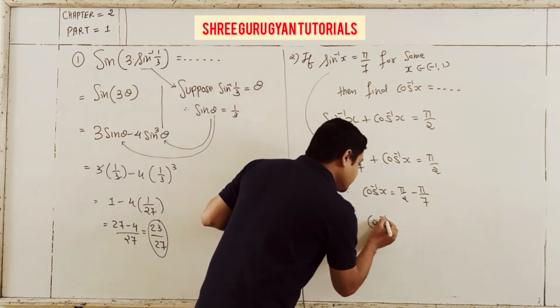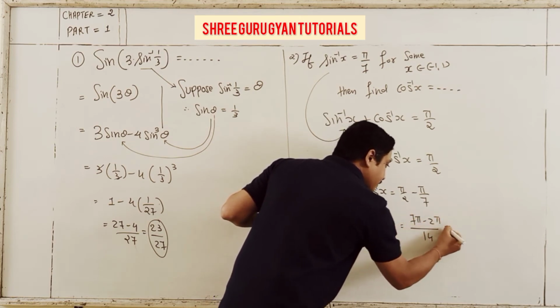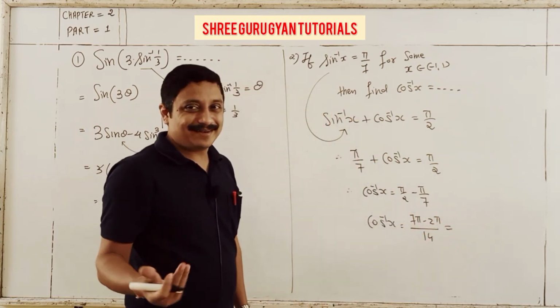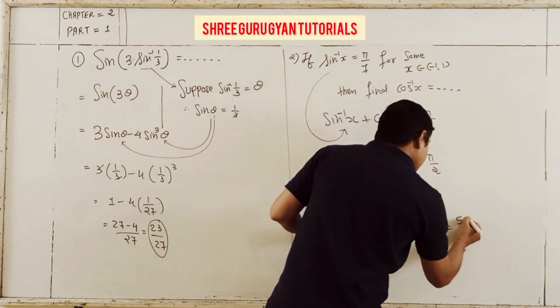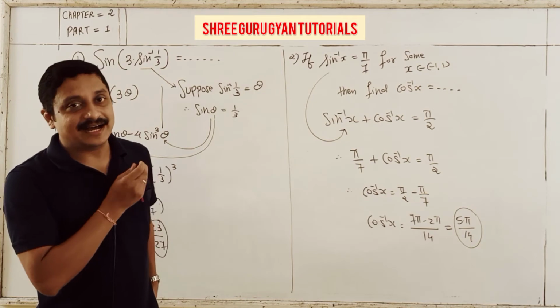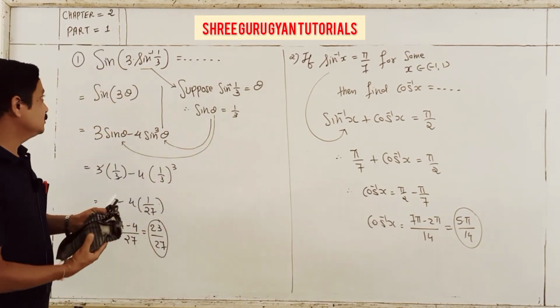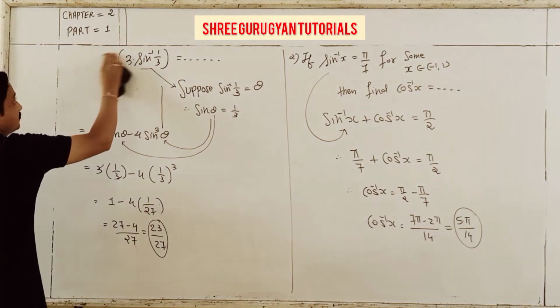So my LCM is finally 14. 7 pi minus 2 pi, and that is simple. 5 pi by 14. That's your very little answer.